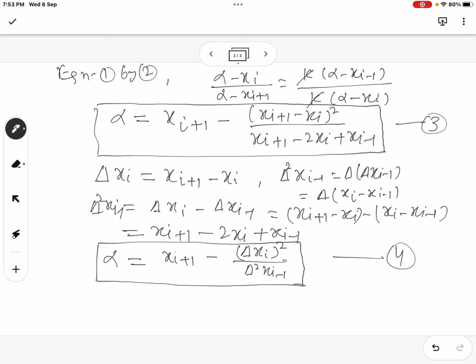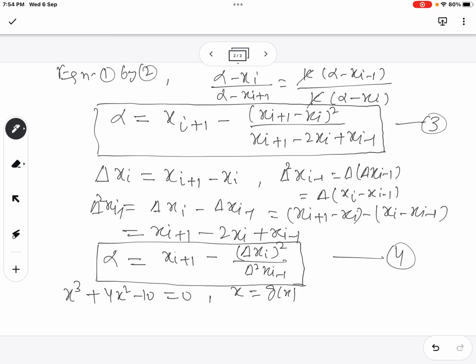Now, in order to understand it in a much better way, let us start with an example which we have already taken up in our previous video, where we found the root of the equation x cube plus 4x square minus 10 equal to 0.